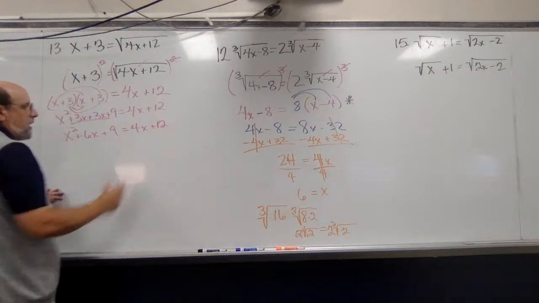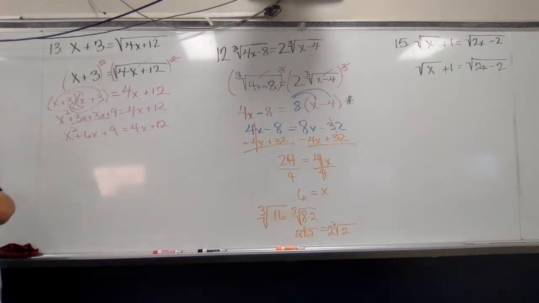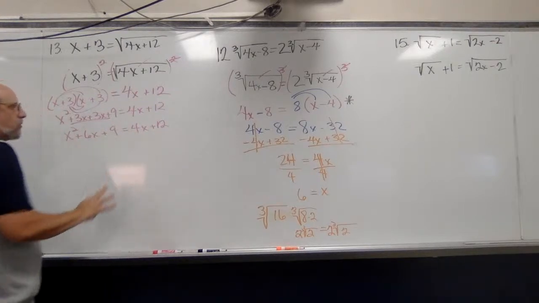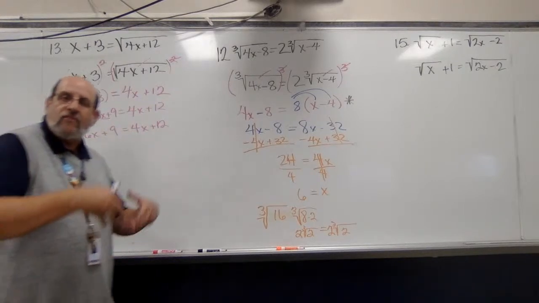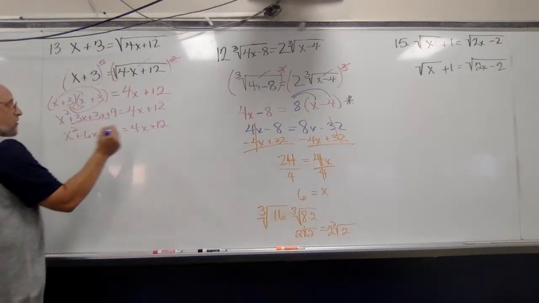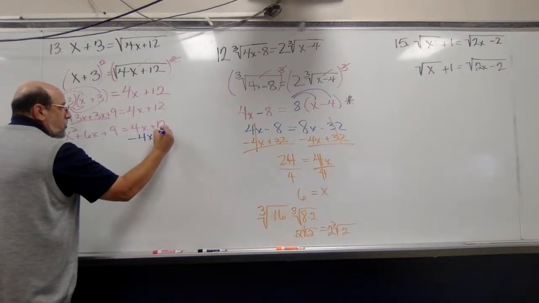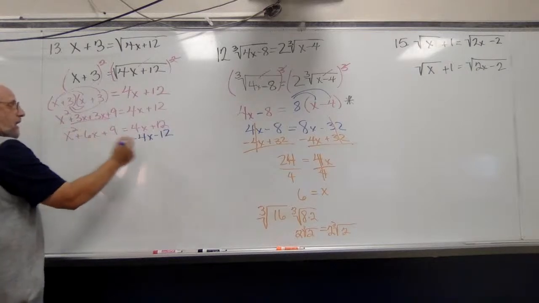All right? Now, when I have a quadratic, I want everything over to one side to make this whole thing equal to 0 so that I can then factor and find what my solutions are. So I'm going to subtract 4x and subtract 12 and see what I get.